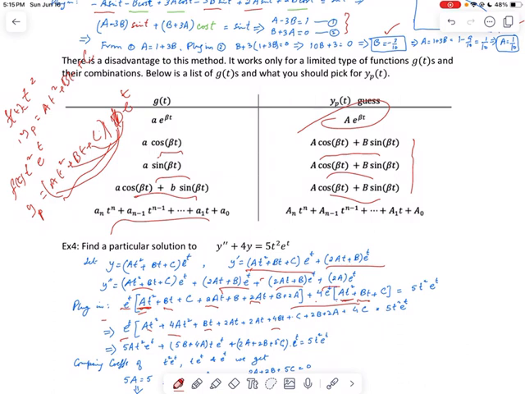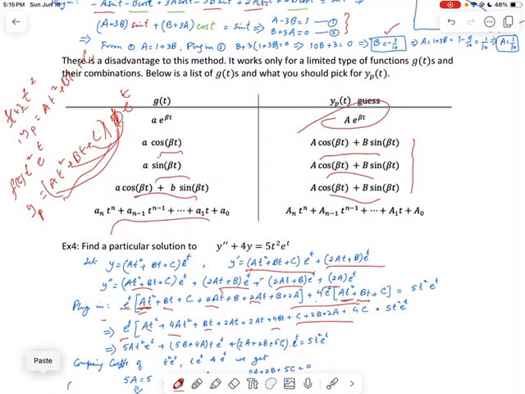And then we have the constants, the expressions which do not have a t term with them. So all of the constants, I put them here. And then we say equal to 5t squared e to the t. Now, simplifying, combining like terms.